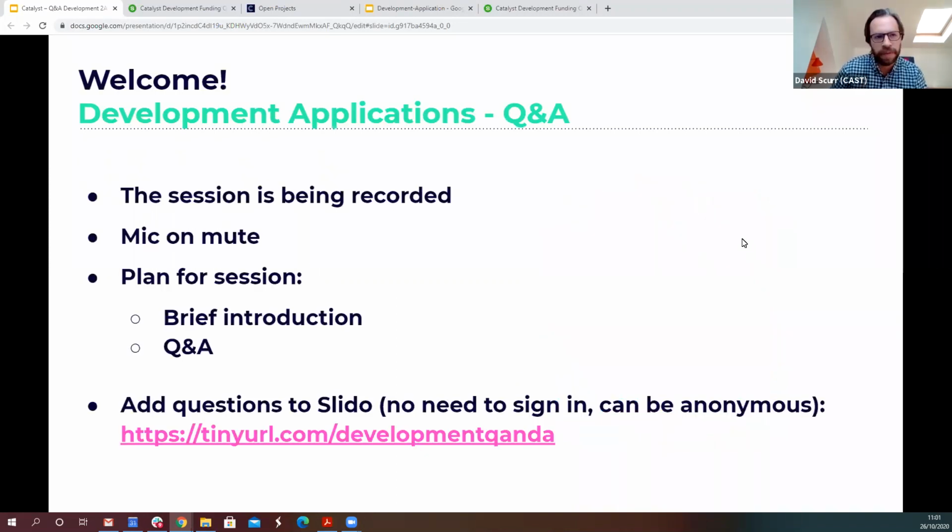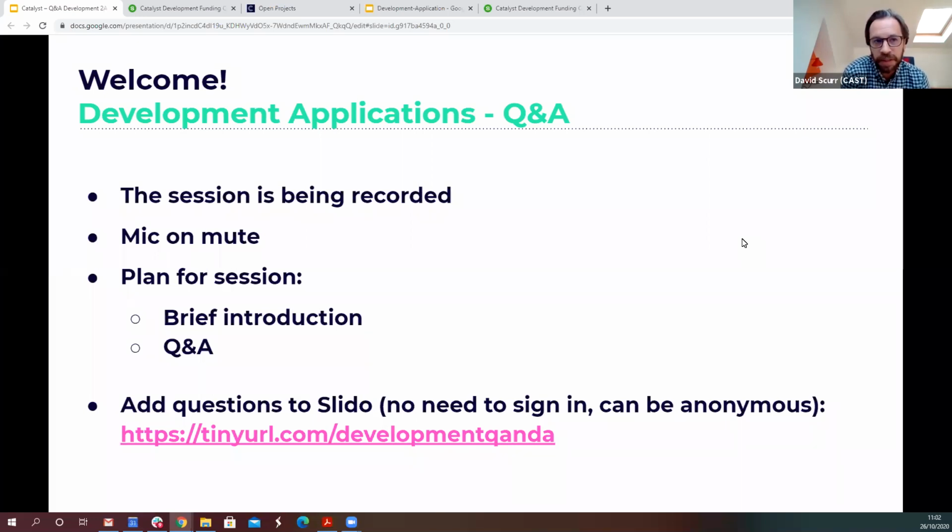The quick reminder for the plan for the session: we are recording the session so we can post it on our YouTube channel and make sure that anyone who couldn't make the session can pick up all the hopefully useful questions and answers that we'll be covering. Please keep yourselves on mute whilst we present. We're trying to really use the slide deck here and the Slido tool to collect any questions and answers.